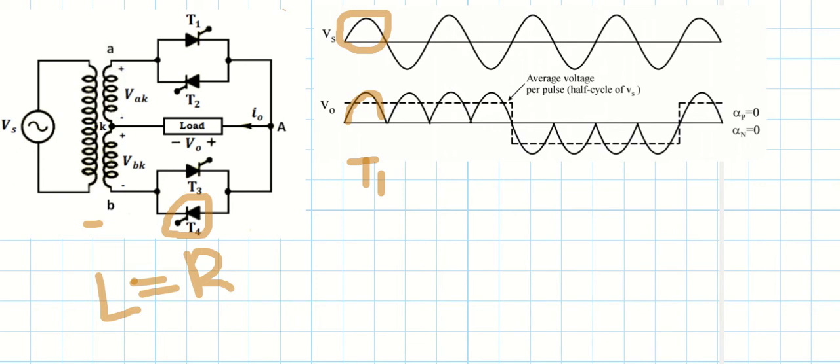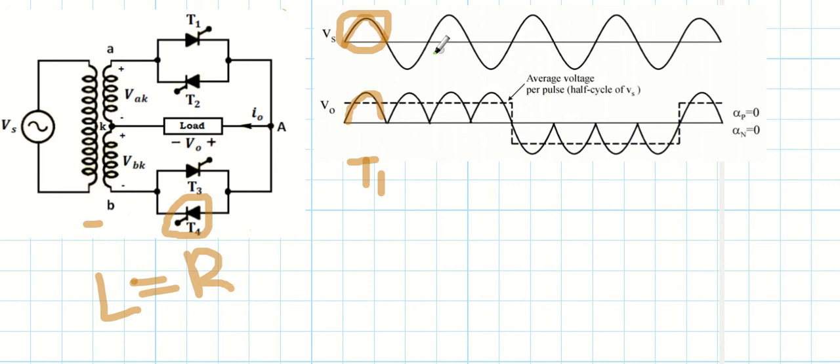If you see over here, as the supply voltage goes to zero, due to natural commutation, the thyristor becomes off. So we don't have to push the thyristor to become off. Due to natural commutation, when the supply voltage goes to zero, the thyristor becomes off. That's the difference between step up cycloconverter and step down cycloconverter. Okay.